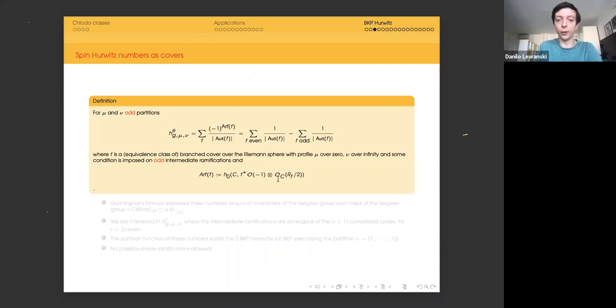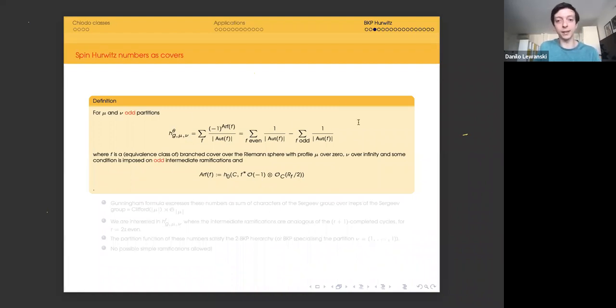So you twist O of the curve upstairs by the ramification divided by 2, and you tensor with the pullback of O(-1). This is a sheaf on the curve. You can take its H0. So this will either be even or odd, and depending on that, you will have this formula.